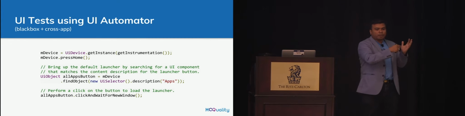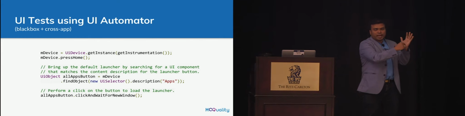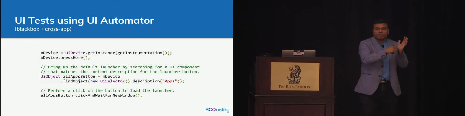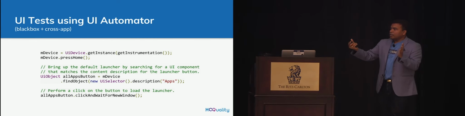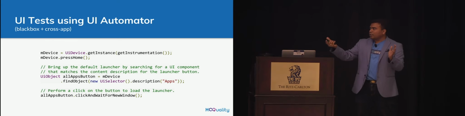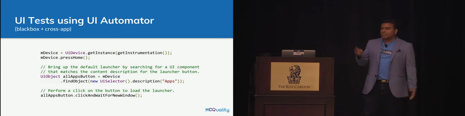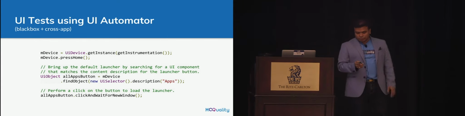When you open up your Android phone, the button at the bottom has the description apps, which is essentially clicking on show me all the apps that are on the phone. And finally, you click and wait for a new window, which means you're waiting for the new window of apps to load. So this is a very simple overview of what UI Automator allows you to do.